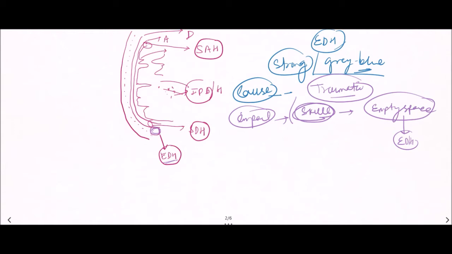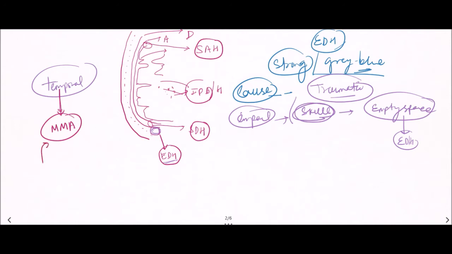Now, a blow over the squamous temporal bone is responsible. Basically, the temporal area of skull is known as the squamous part of temporal bone. This part has middle meningeal vessels, mostly middle meningeal arteries.